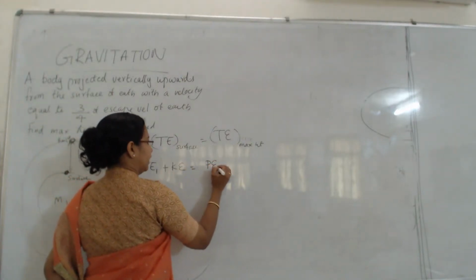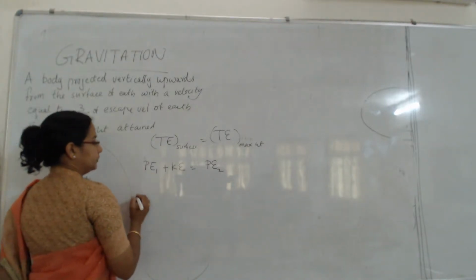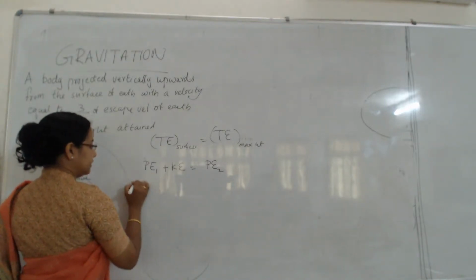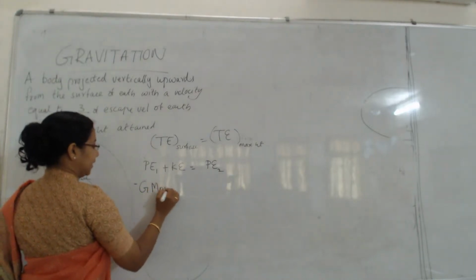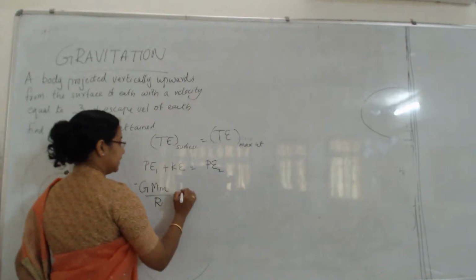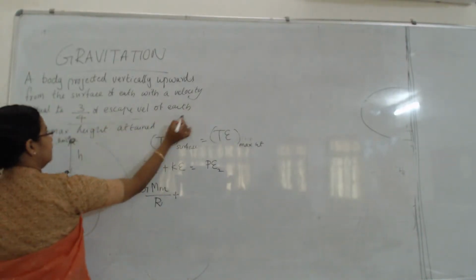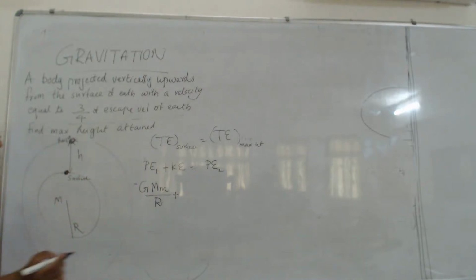At maximum height we have only potential energy, because at maximum height the velocity will be 0. The potential energy here is minus GM by R, plus the kinetic energy.